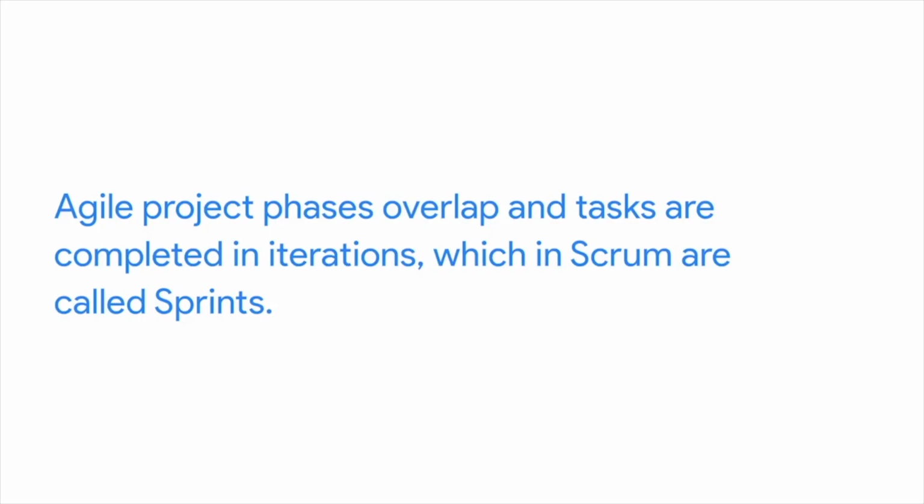However, rather than having to always go in order or wait for one phase to end before starting the next, Agile project phases overlap and tasks are completed in iterations, which in Scrum are called sprints. Scrum is a form of Agile that you'll learn more about in the course focused entirely on Agile. And by sprint, we do not mean running a race as fast as possible.